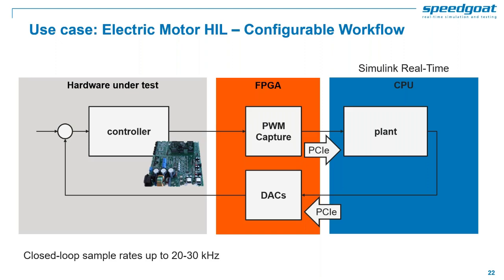If we are running at sample rates of 20 to 30 kilohertz, our plant model will be running on the CPU part of the Speedgoat hardware, which communicates with my controller using the various PWM capture or DAC boards that Speedgoat provides.